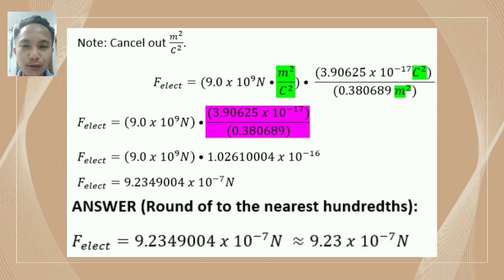Then you'll get 9.2349004 times 10 to the power of negative 7 newtons. Then round this off to the nearest hundredths. Then you get the final answer, which is 9.23 times 10 to the power of negative 7 newtons.